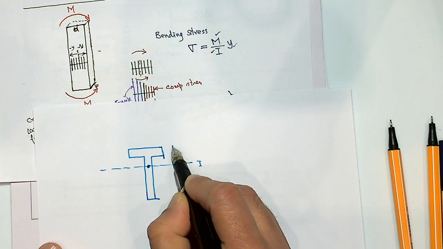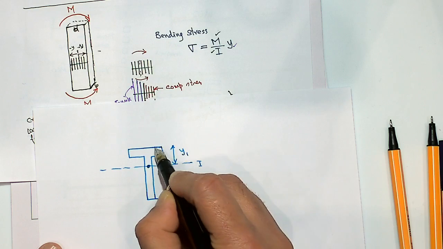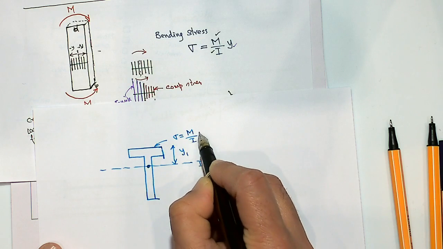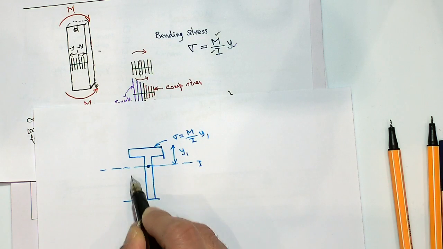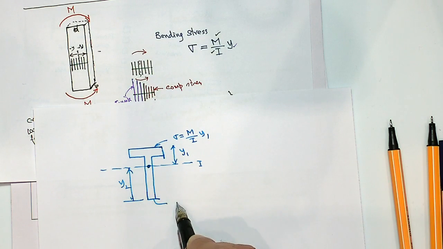So this fiber stress, let's say this is y1, would be sigma equals M over I times y1. Whereas the stress at this face, let's say this distance is y2, would be sigma equals M over I times y2.